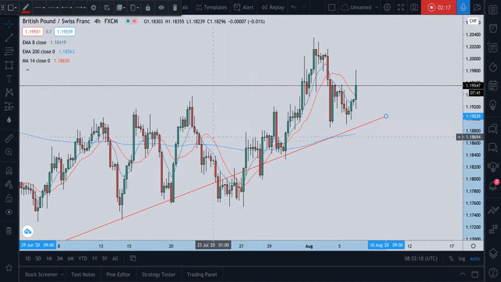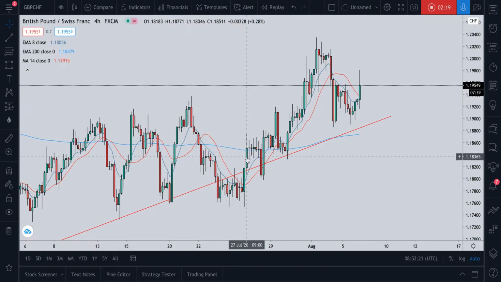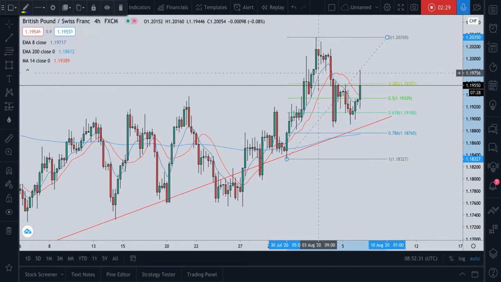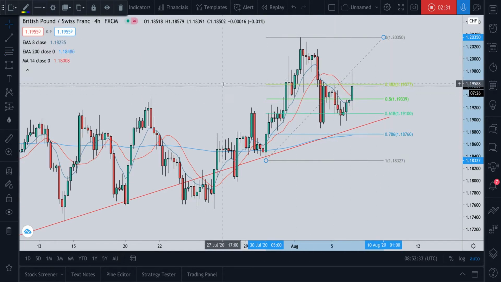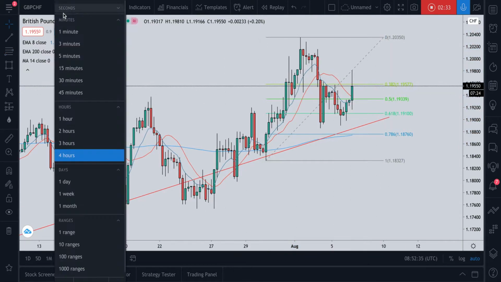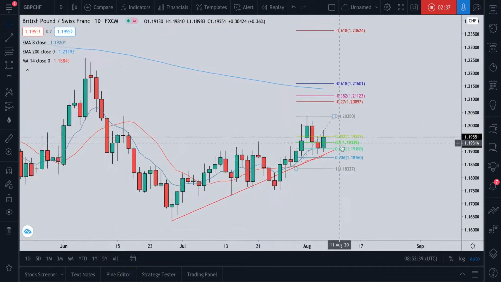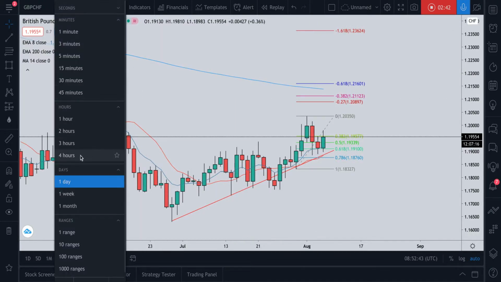When you pull your fibs from this previous low to this high, not only are we seeing price respecting the 61.8 in the 4 hour time frame, but when you look at the daily, you see a rejection at the EMA, indicating we could see a potential move to the upside.